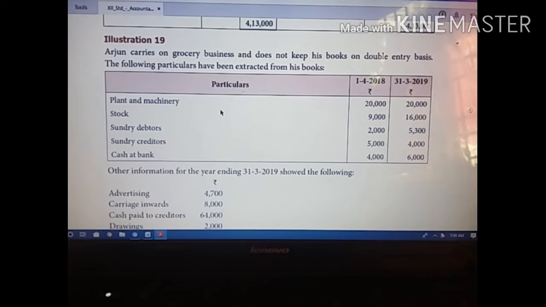Some assets and liabilities information is given here. 1/4/2018 is the opening information and 31/3/2019 is the closing information.